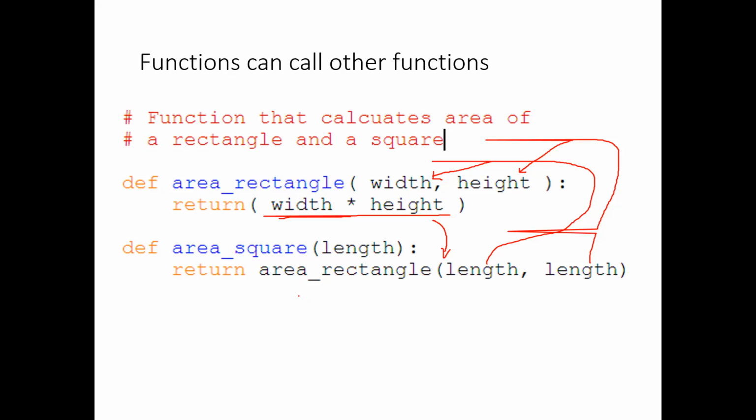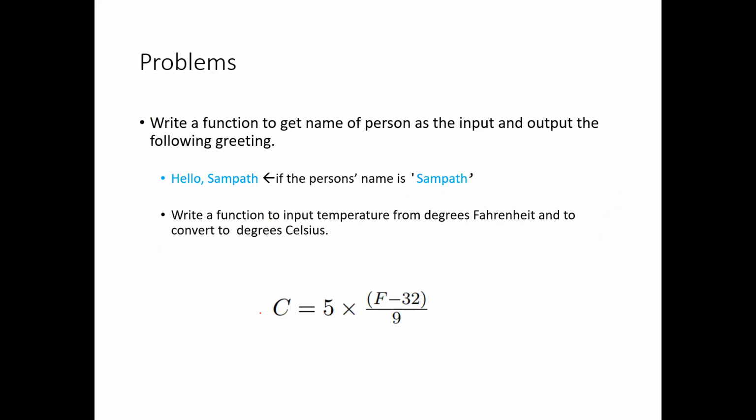Okay. So now I will give you two more problems. You can quickly work on this and share your code in the chat. Right. I want you to start with the first one, where you define a function to get the name of the person, and then you greet saying hello.